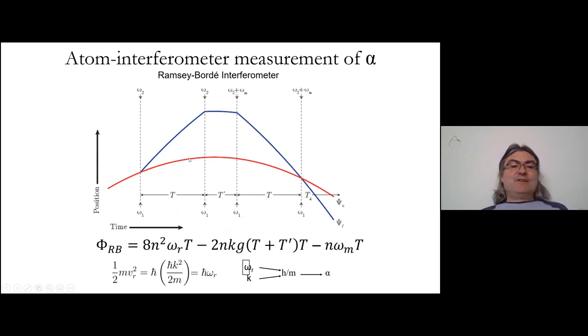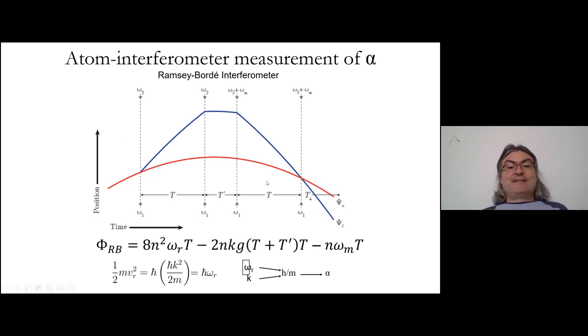While these wave packets are separated, they accumulate a measurable phase difference that is written here, and the term of interest is this first term proportional to the recoil frequency. That's the kinetic energy of the atom's motion in hertz, and it's given by the Planck constant times the wave number squared over 2m. So if I know the wave number, then a recoil measurement will give me h over m as desired.